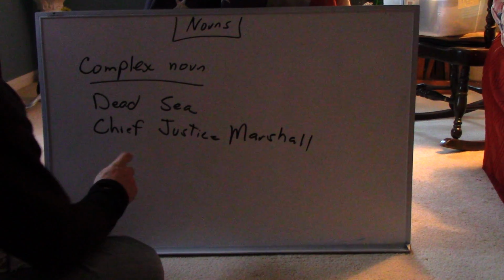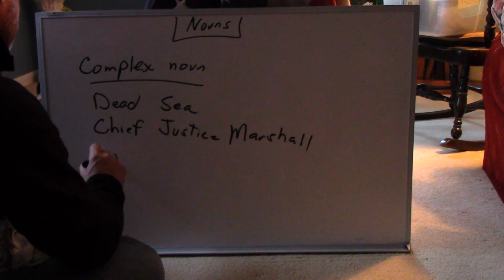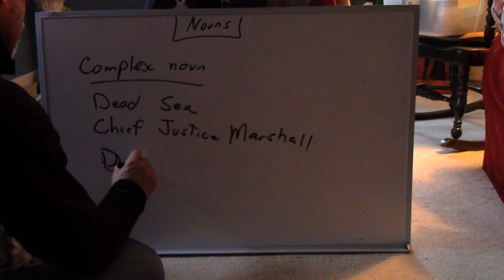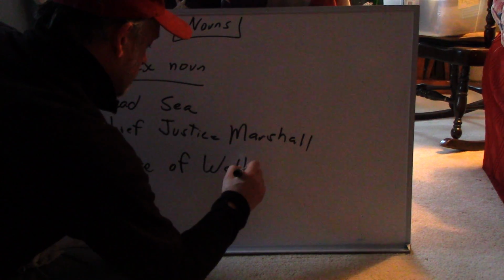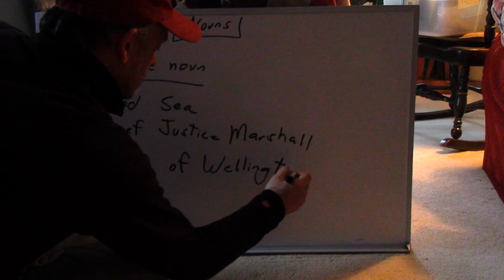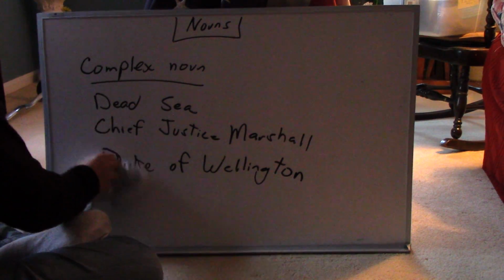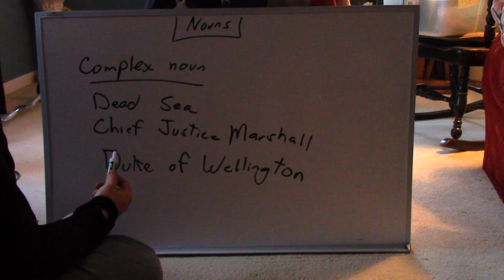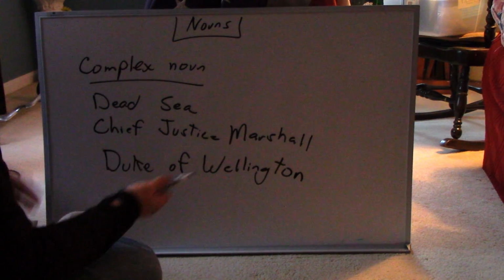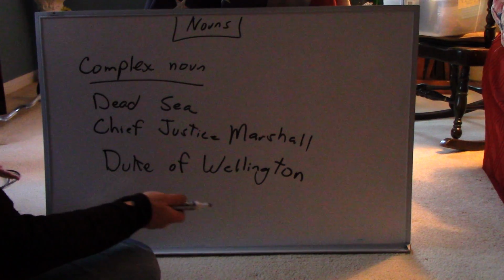And here we go. Duke of Wellington. I think he's the guy that beat Napoleon. Duke of Wellington. My history is correct. He's the guy that beat Napoleon. Okay, so we have Dead Sea, Chief Justice Marshall. Yeah, it's a noun. Duke of Wellington, that's a guy.